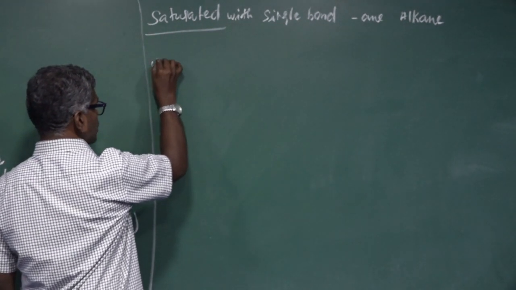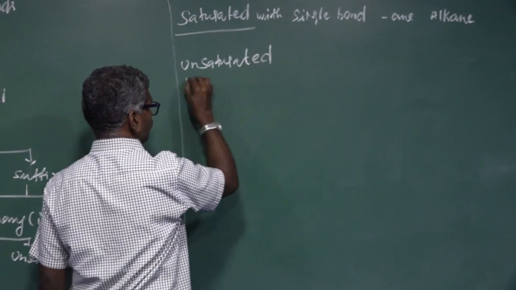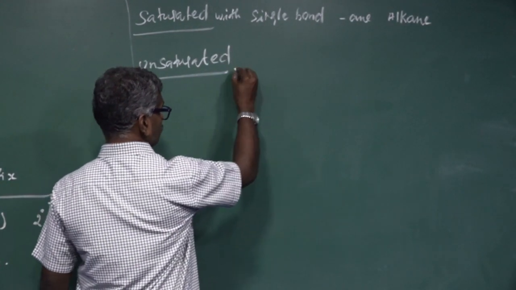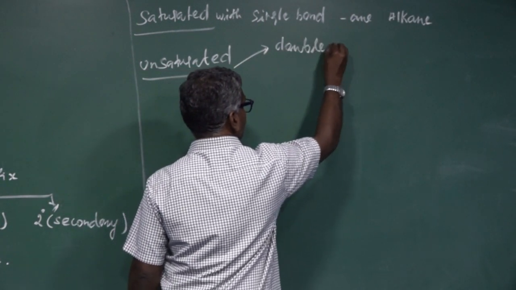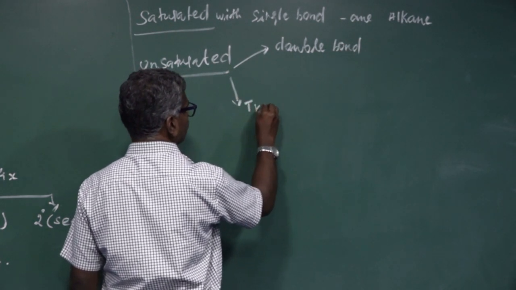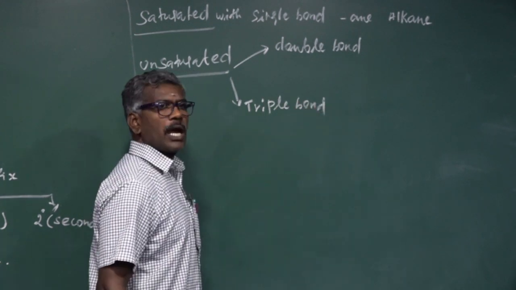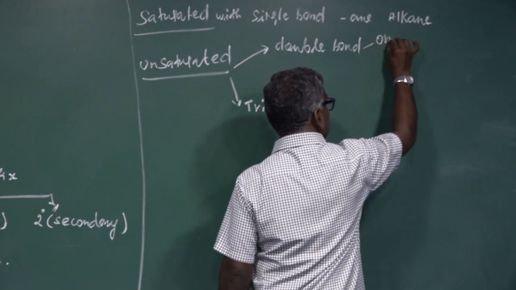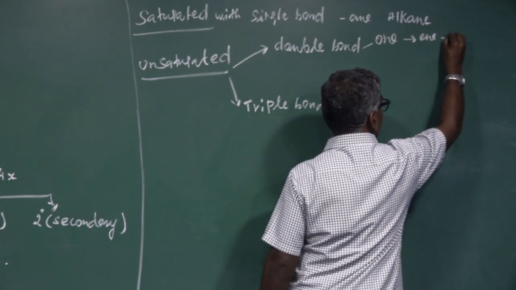Another one is unsaturated. Unsaturated can be classified in different ways. One is double bond, another one is triple bond. Double bonds are classified in two ways. If one double bond is present, the name is ene, that is alkene.